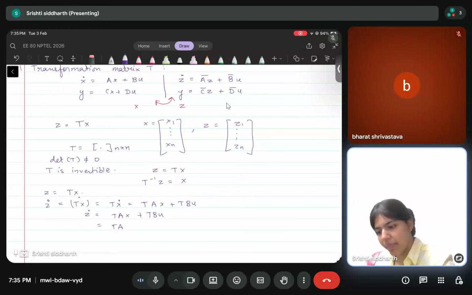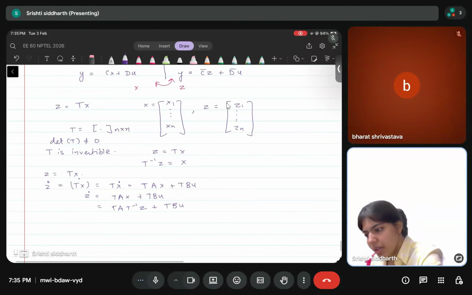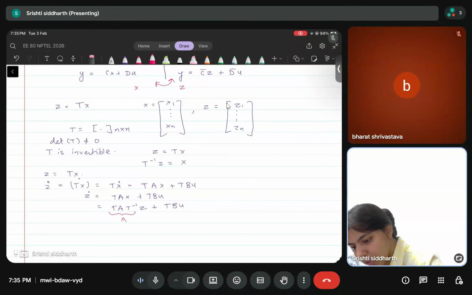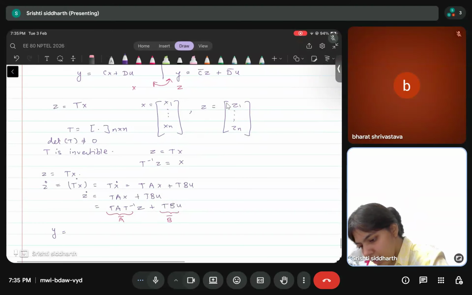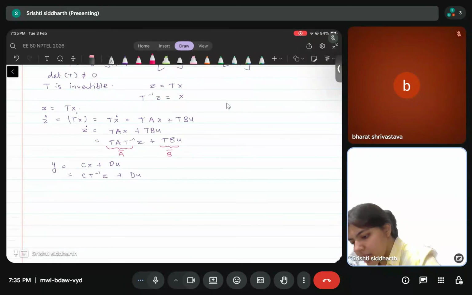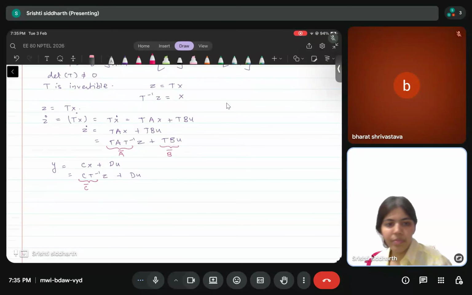So TAx, and x is T inverse z, gives TAT inverse z plus TBu. So this is the new A bar matrix. This is B bar. Similarly, the output y, which is Cx plus Du. So x is T inverse z. This is C bar, and this is D bar.